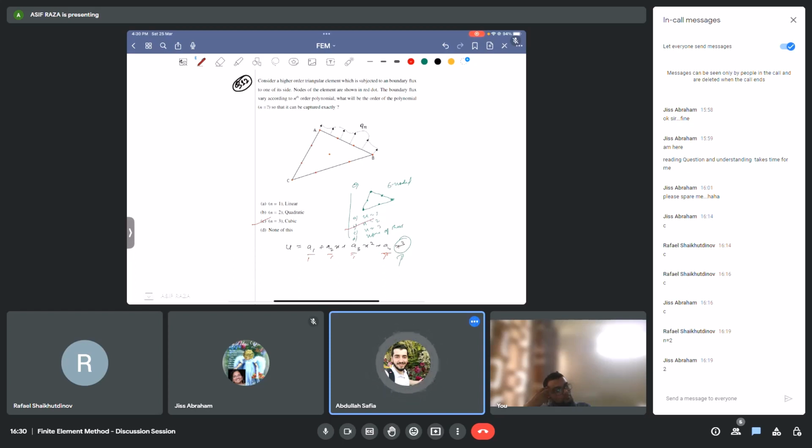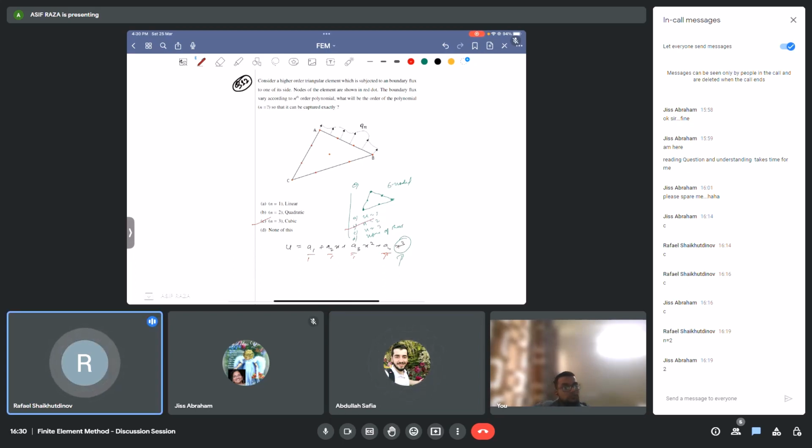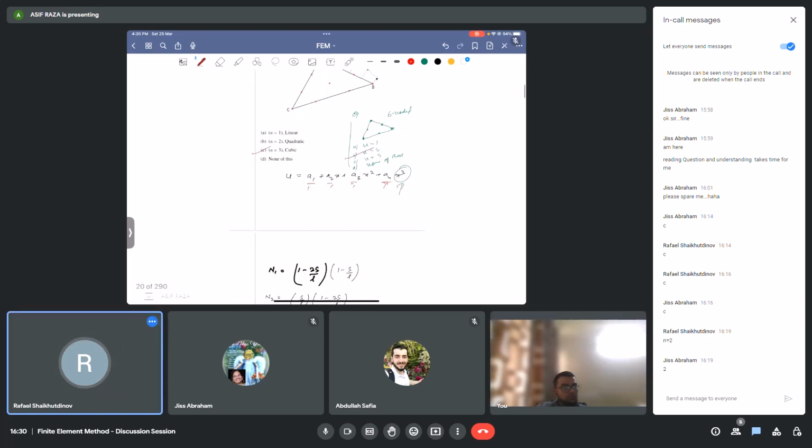So we can capture it, but it will be an approximate value. Yes, exactly. But now I started to doubt that we even cannot capture lower order. No, don't doubt that.